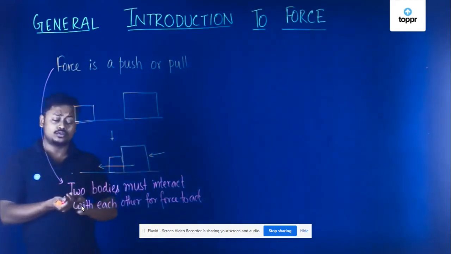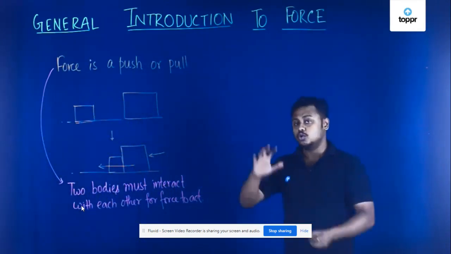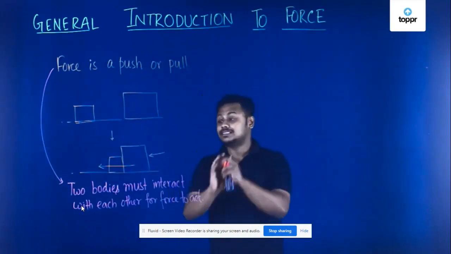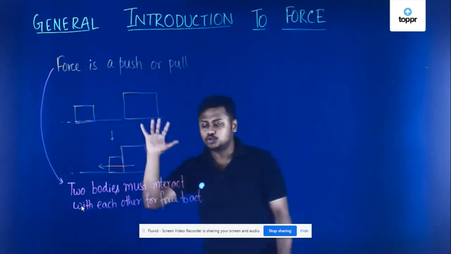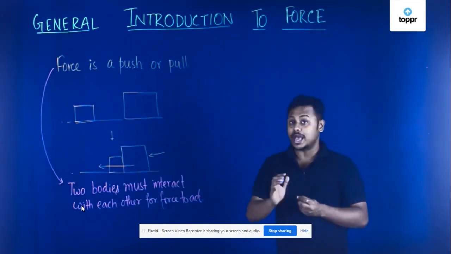So these two statements now define the force. One is that force is a push or pull, and the second is that at least two bodies must interact with each other for force to act.